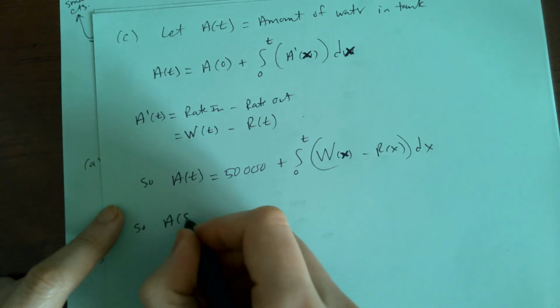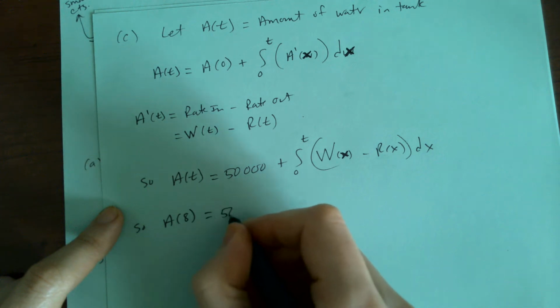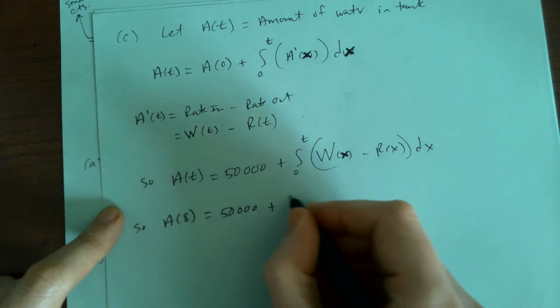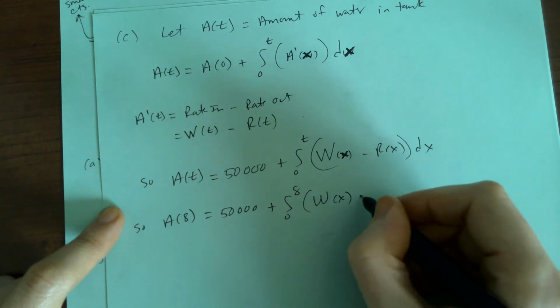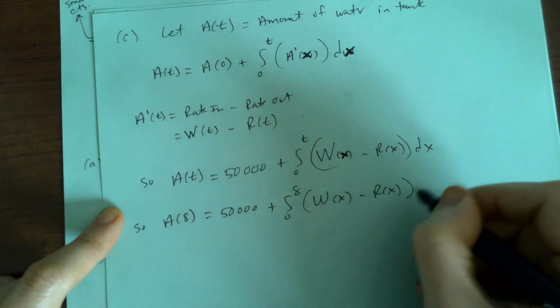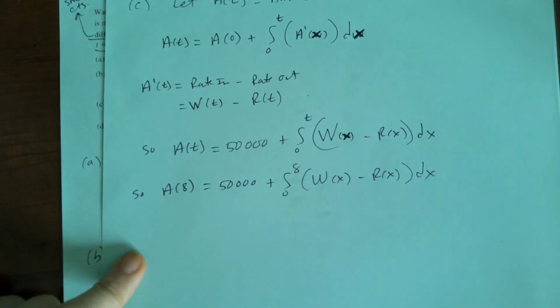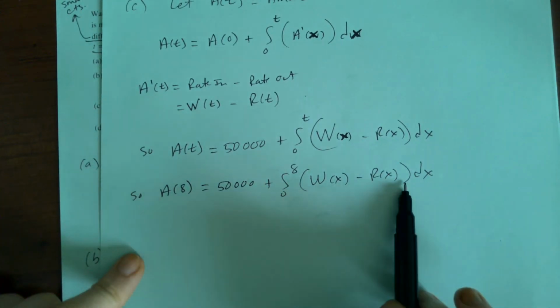So A of 8, which is what we want, is 50,000 plus the integral from 0 to 8 of W of X minus R of X dx. And guys, an integral like this, you can split it up, okay?